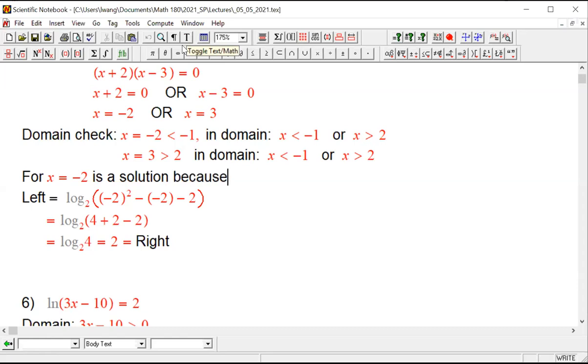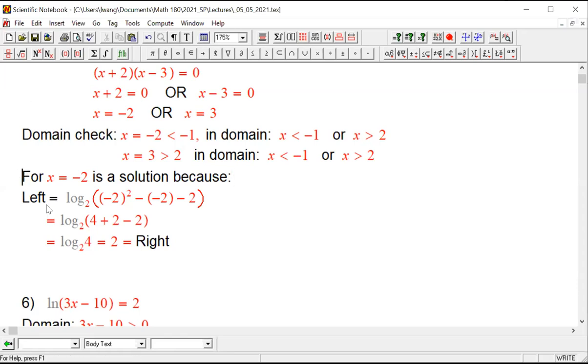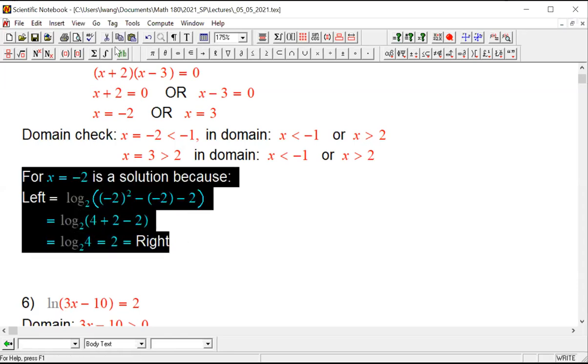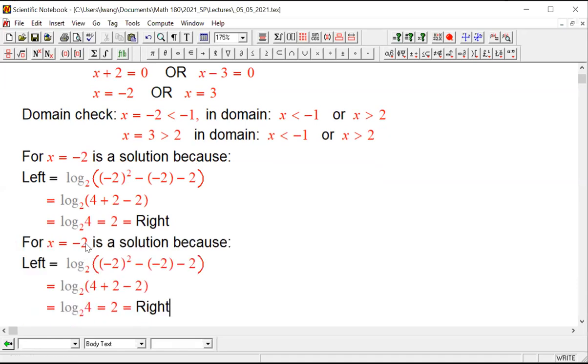The next part is similar. x equals 3. And you just plug in 3.